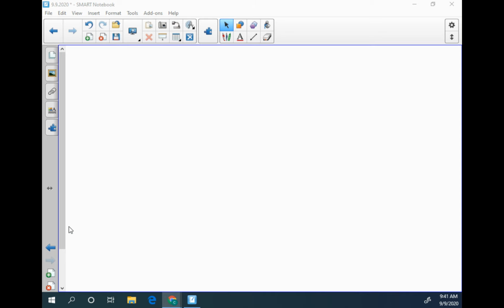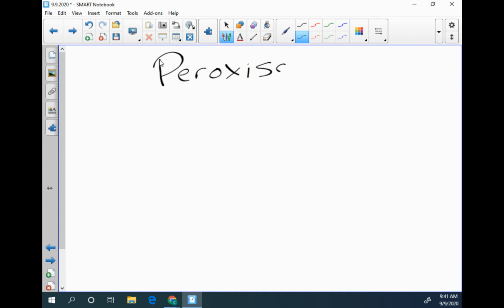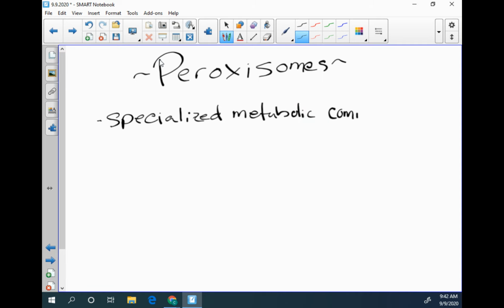Peroxisomes. Super quick, part of the endomembrane system. Peroxisomes. They are specialized metabolic compartments bound by a single membrane.